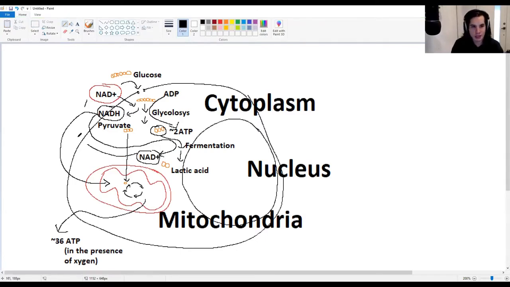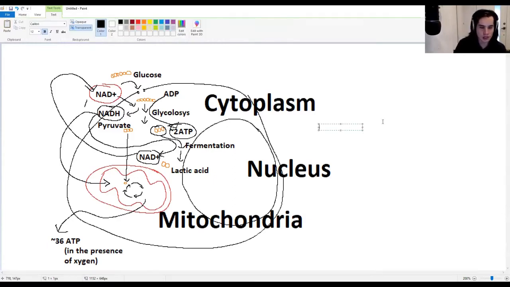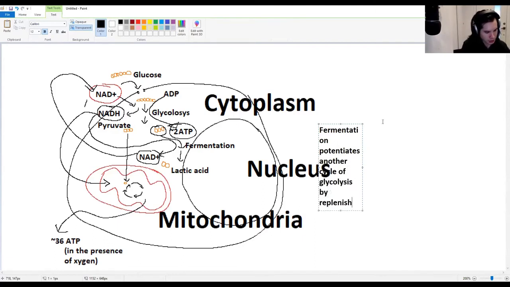So this NAD+ now moves back to glycolysis so we can create that 2 ATP again. To simplify, fermentation potentiates another cycle of glycolysis by replenishing NAD+.